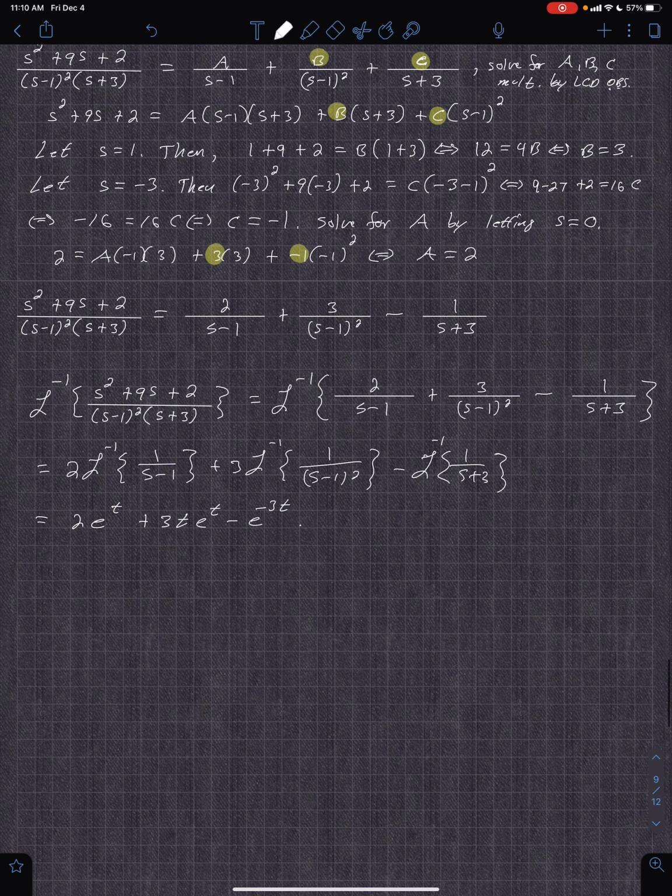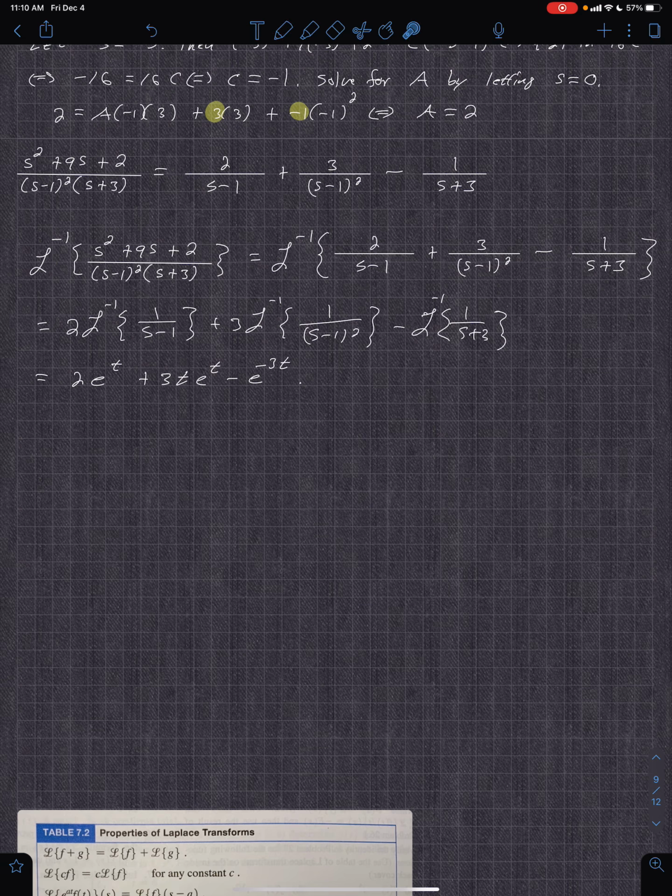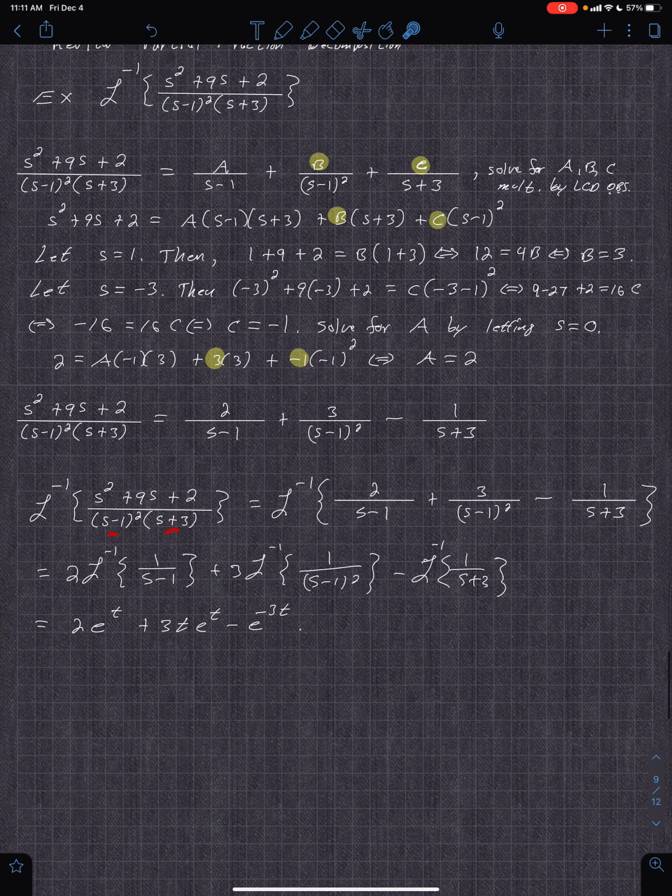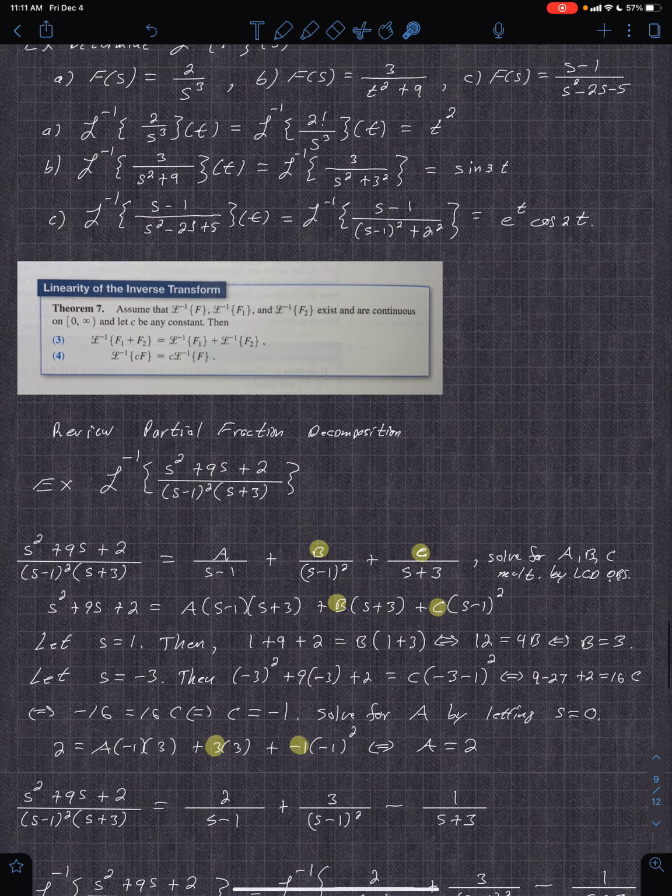So here's one, but this one has a quadratic in the numerator, and then here's your partial fraction, and then this is your denominator. Let's see if there's anything else that's similar.